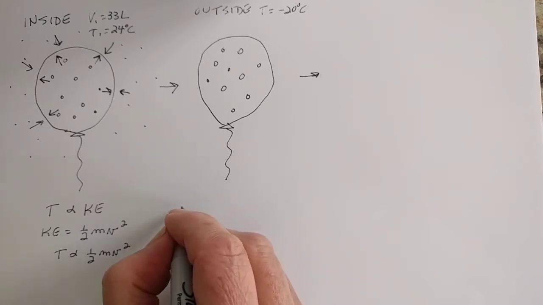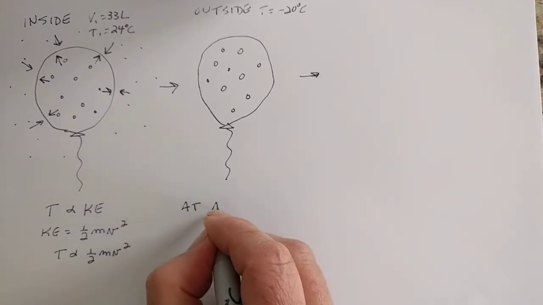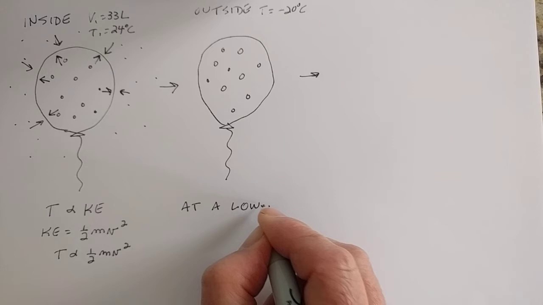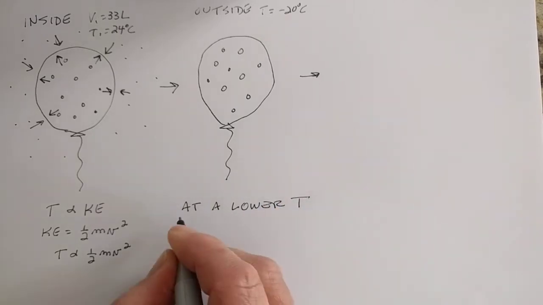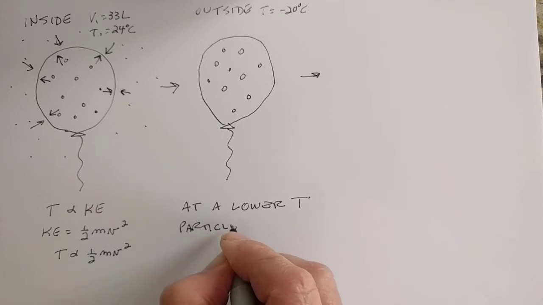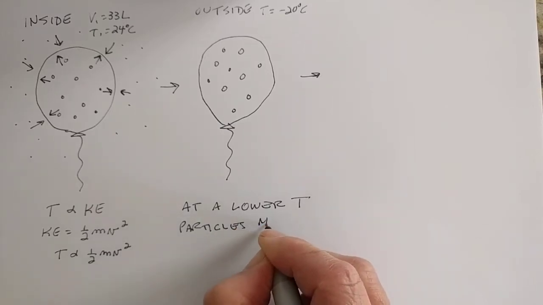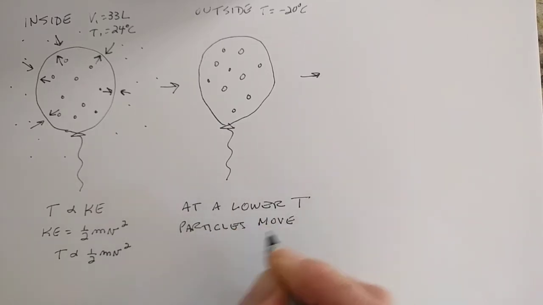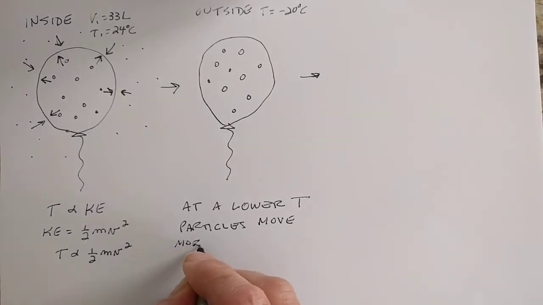Okay, so at a lower temperature, a lower T, our gas particles move more slowly.